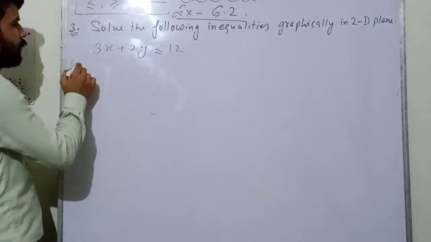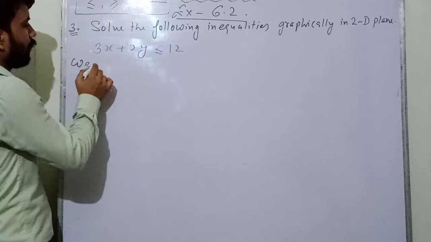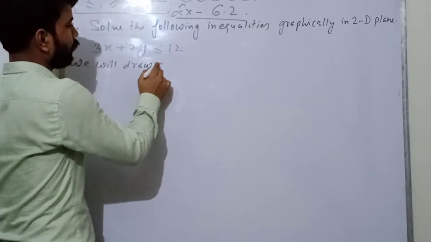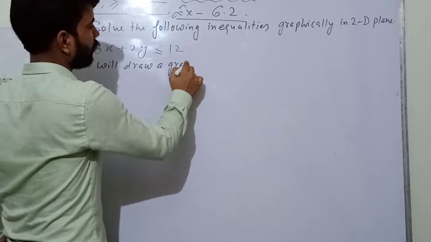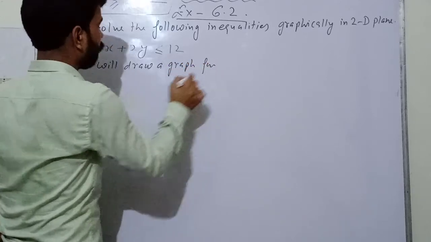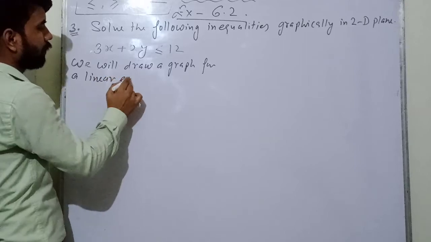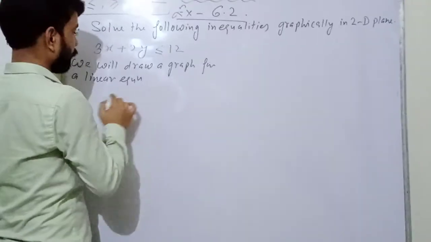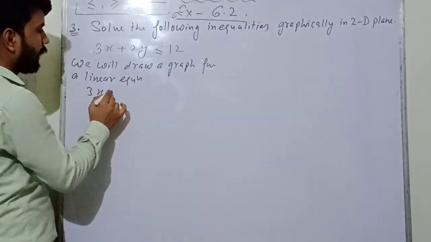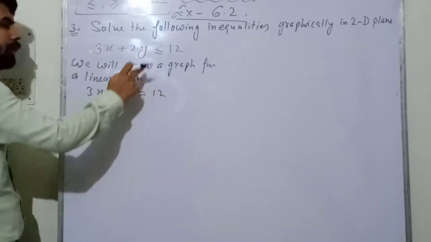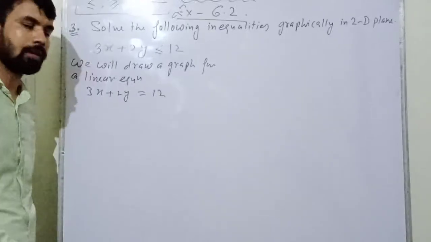So you have to write, we will draw a graph for the linear equation 3x plus 2y equals 12. This sign is converted into an equal sign.